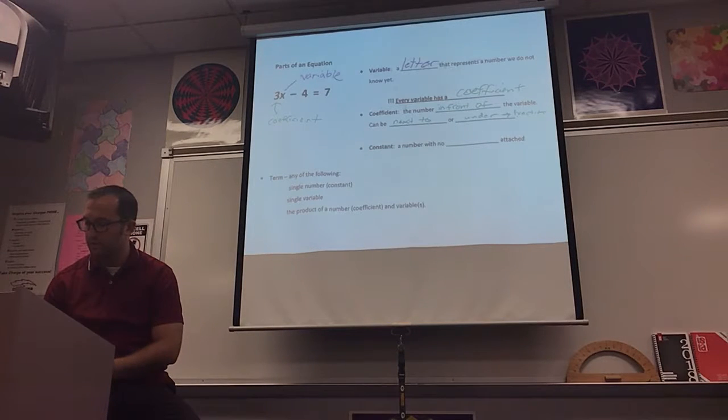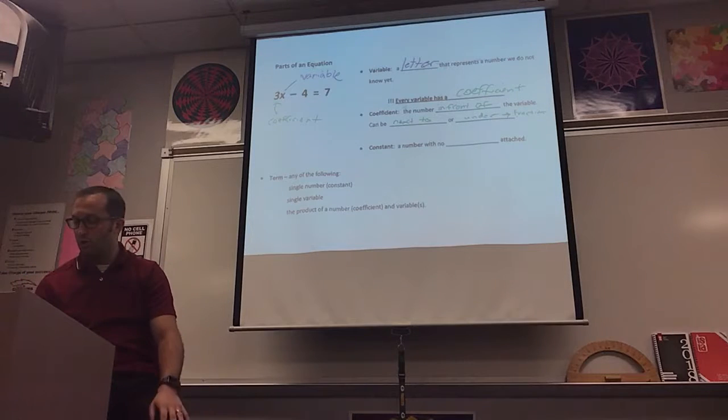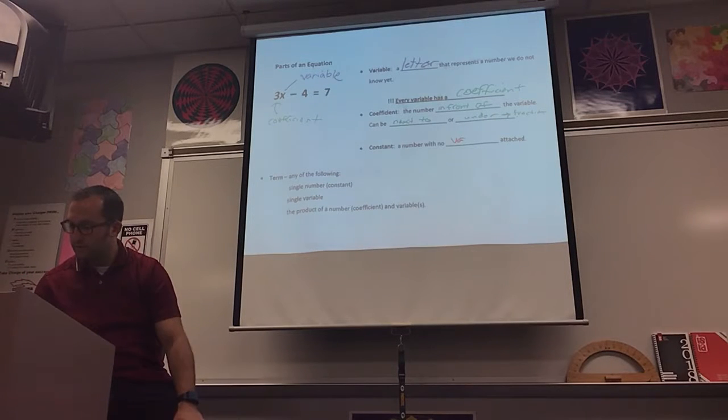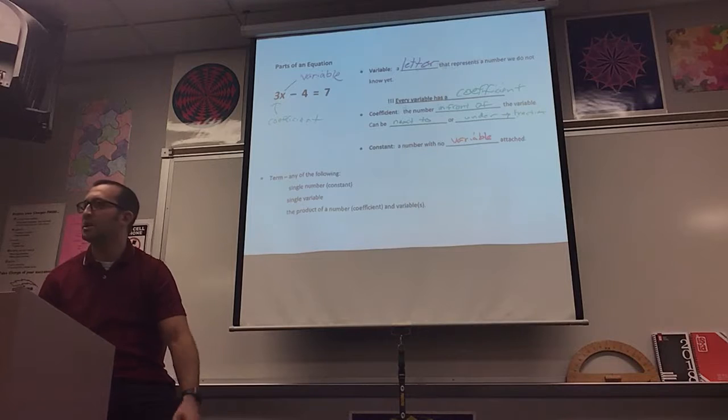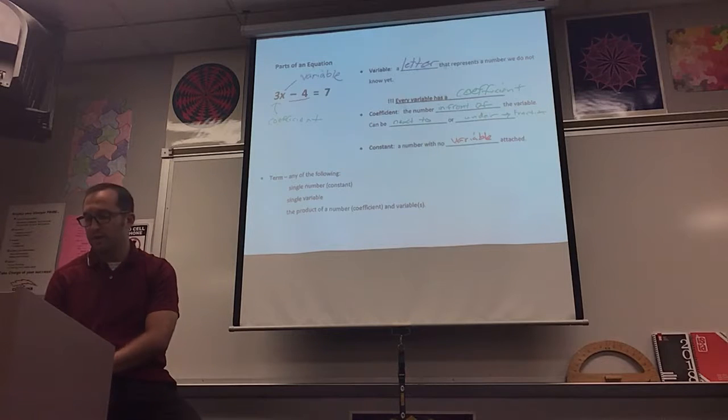Constant. Let's go with red. A constant is a number with no variable attached. It's just a number. This number, look carefully, notice what I underlined. What did I underline? -4. That's my constant.